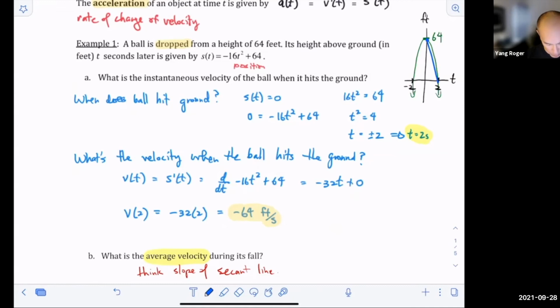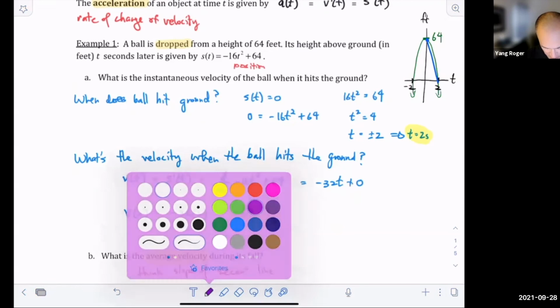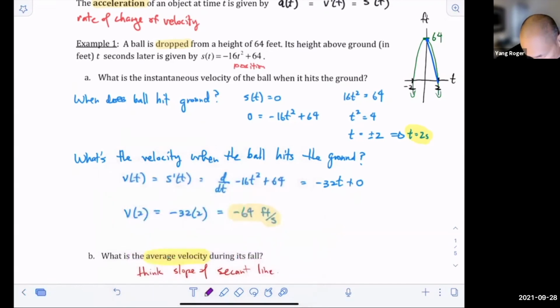And what was part A about? Part A was about finding the slope of the tangent line at 2. So part A was kind of finding this tangent line there. That looks too vertical.